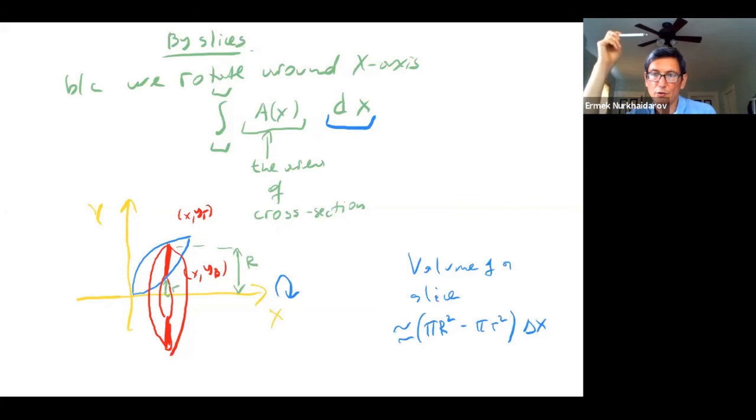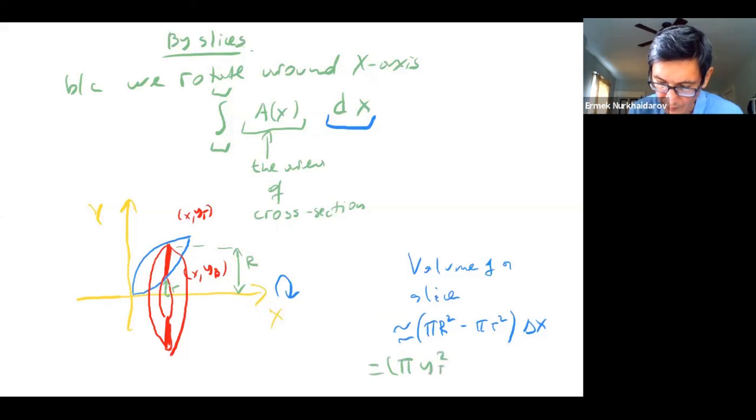From x-axis toward your second point is outside radius. Because it's a vertical distance, we're going to be involving y coordinates of a point, so we're going to get pi y top squared minus pi y bottom squared.